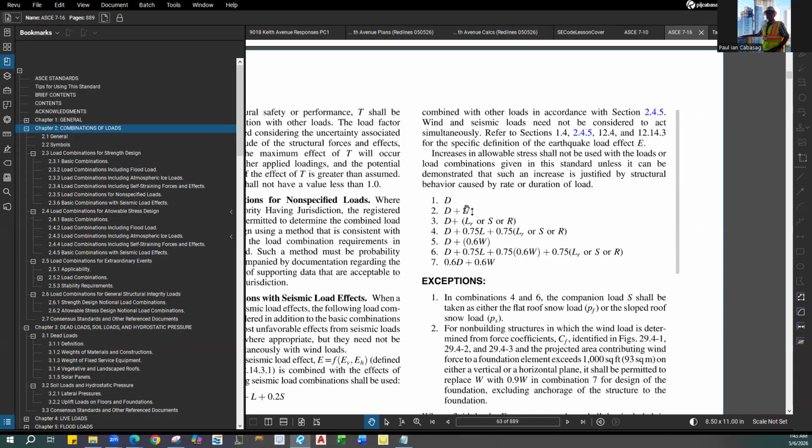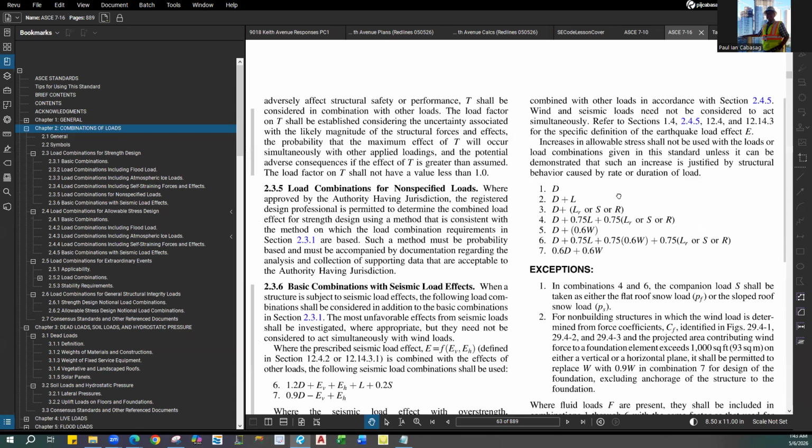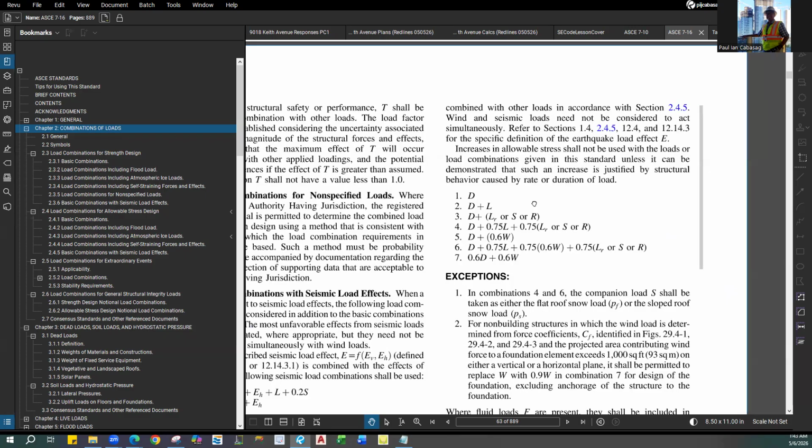A lot of people always ask what is a dead load, what is a live load, and the main difference really is that one of them is moving and the other one is not. The dead load is something that's permanent. These are the building weights, like the self weight of your beams and columns, and anything that's attached to it, like insulation or MEP that you do after drywall. These are usually permanent on your structure.